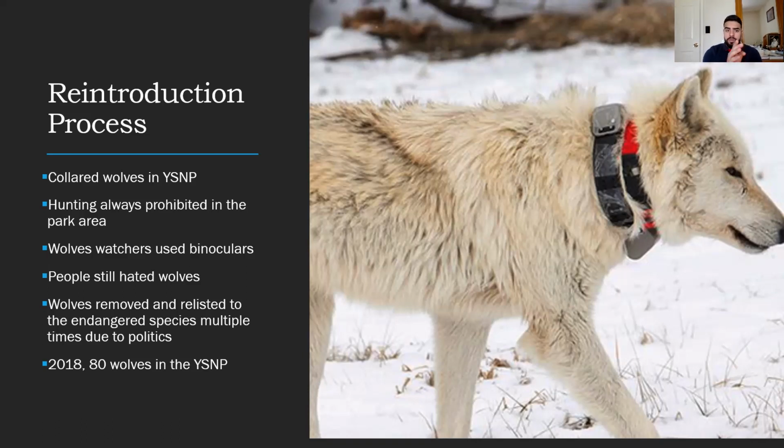For example, the last time they removed them from the endangered species list, the evidence showed that they did not meet the criteria for being taken off the list, but due to politics, they were removed anyway. And this has been a controversial topic, and a lot of the U.S. courts have been going over it for many years.